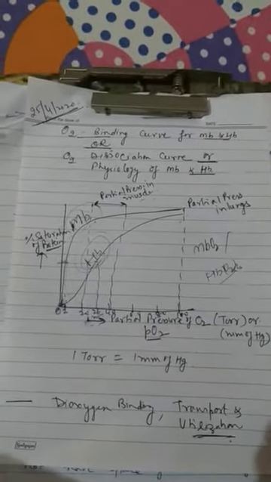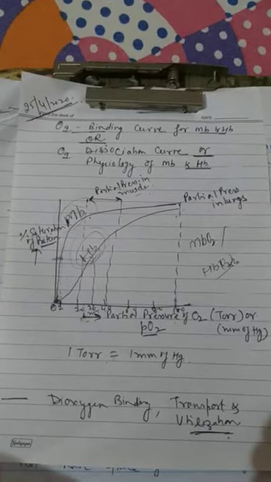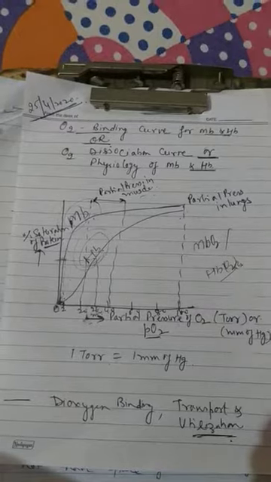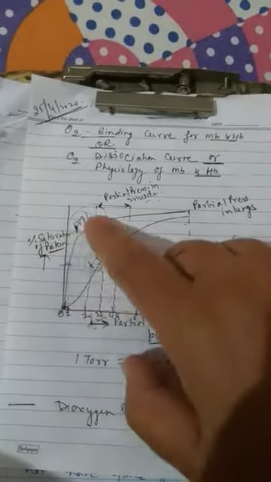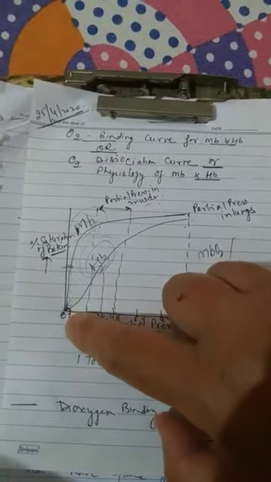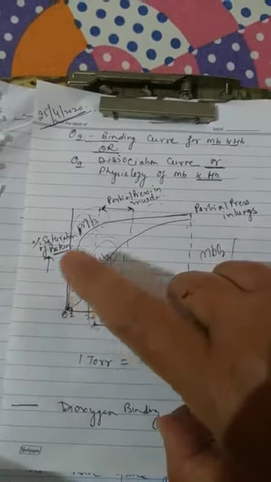Means at a very small concentration of oxygen, myoglobin immediately accepts oxygen and thus shows a strong affinity for oxygen. I have shown here the point that 50% of the myoglobin gets saturated with oxygen only at a very small concentration of 2 millimeter of mercury, right?